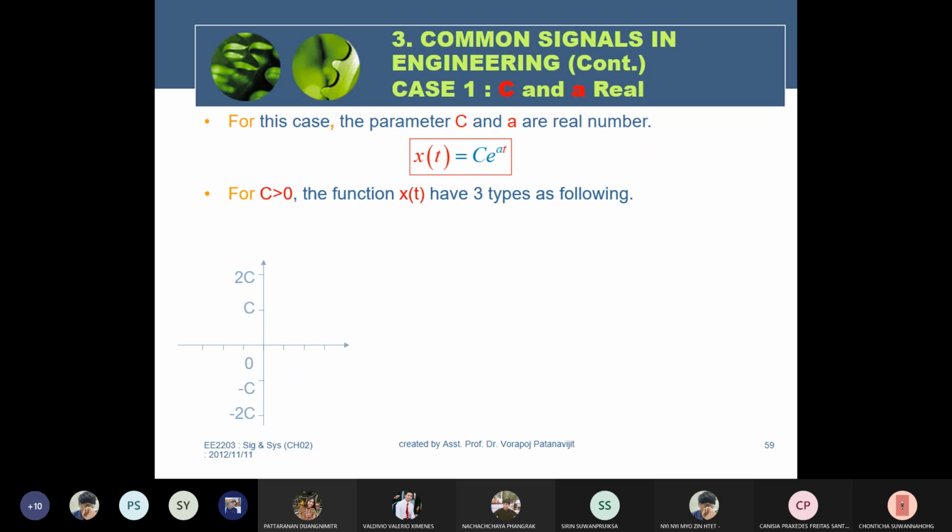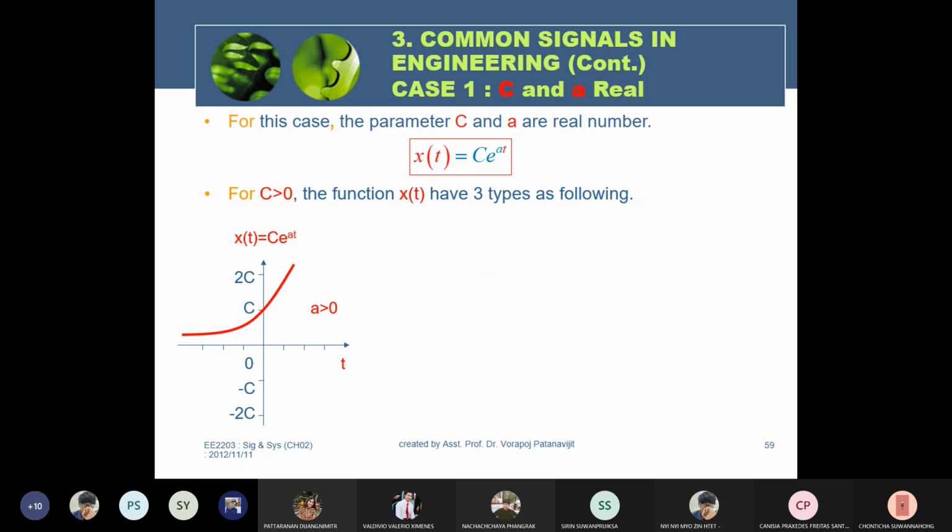The next one is x(t) can be C e^(at), in this simple case where C and A are real numbers. If A is greater than 0, it will be an increasing exponential, for example e^(2t), e^(3t), e^(4t).